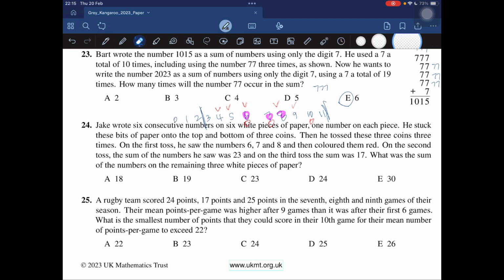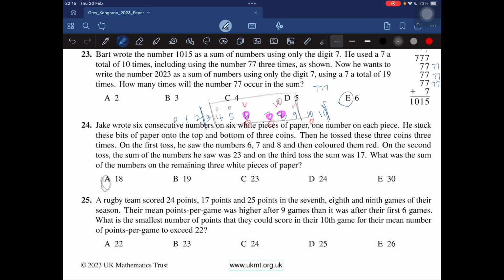Different color. Let's say 4, 5, and 8. Then we can make it. Then we can start from 4 until 9. Then I think we can make it. Then the numbers are 4, 5, and 9. So sum is 18.